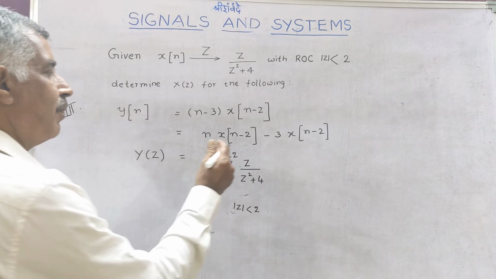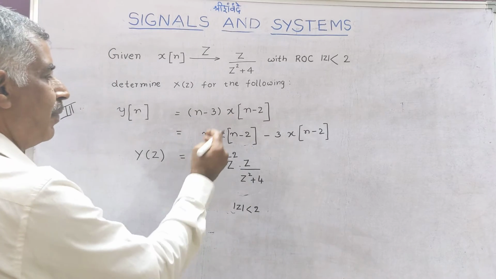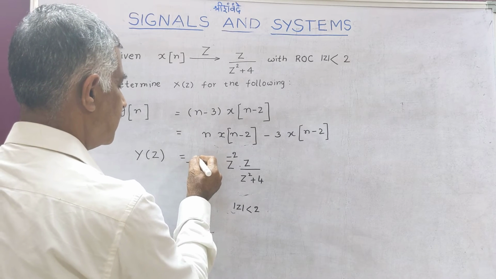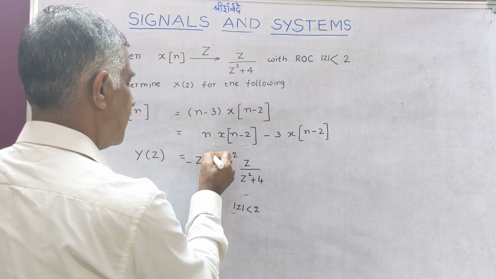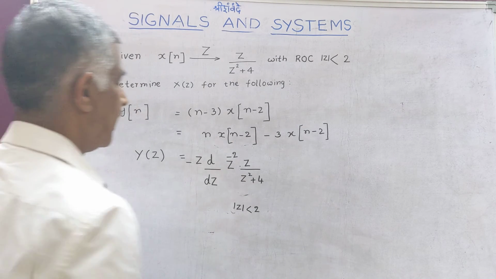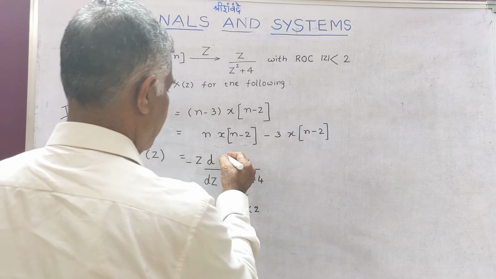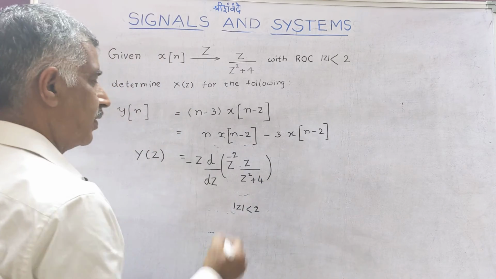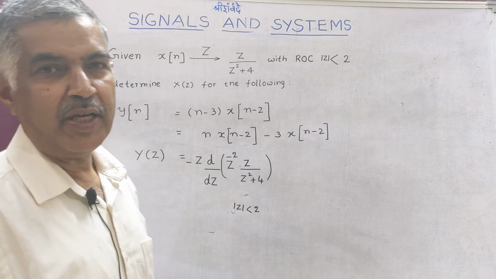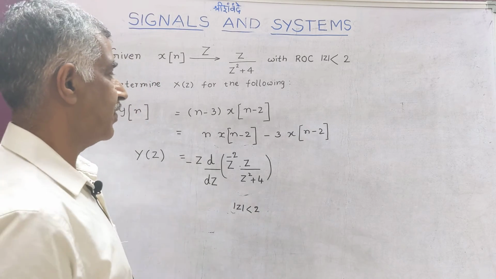Next, multiplication by ramp, that is n, which gives minus z d by dz of this one. And the ROC remains the same for multiplication by ramp. Therefore, mod z less than 2.